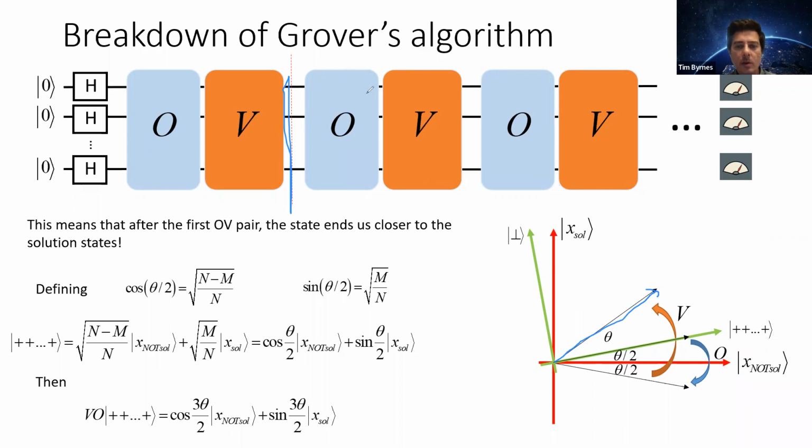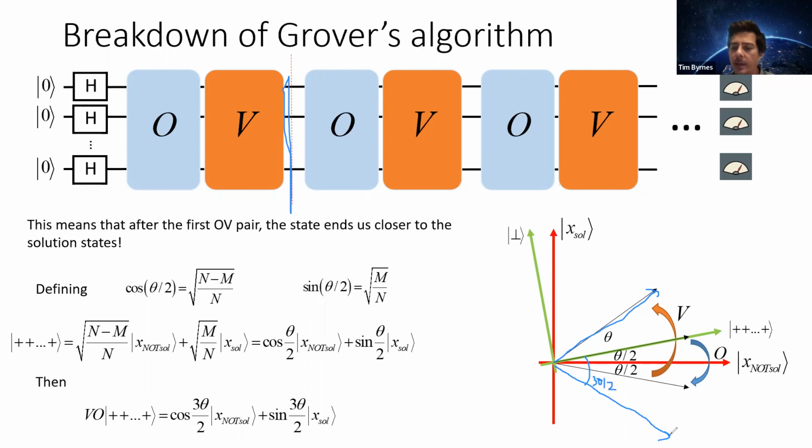The next O is going to reflect this blue vector here around the red axis. And so this angle here is going to be 3 theta over 2. So it's going to end up over here. And this angle here is going to be 3 theta over 2.